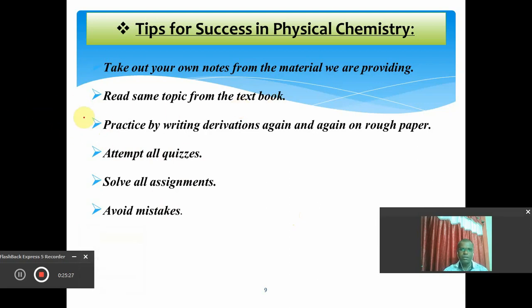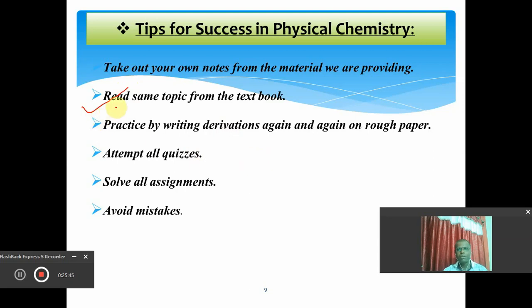to follow some things: read the same topic from the textbook. Maybe some of the students do not have the books, but we are trying to provide you the scan copy of the same topic or the unit on the WhatsApp group.